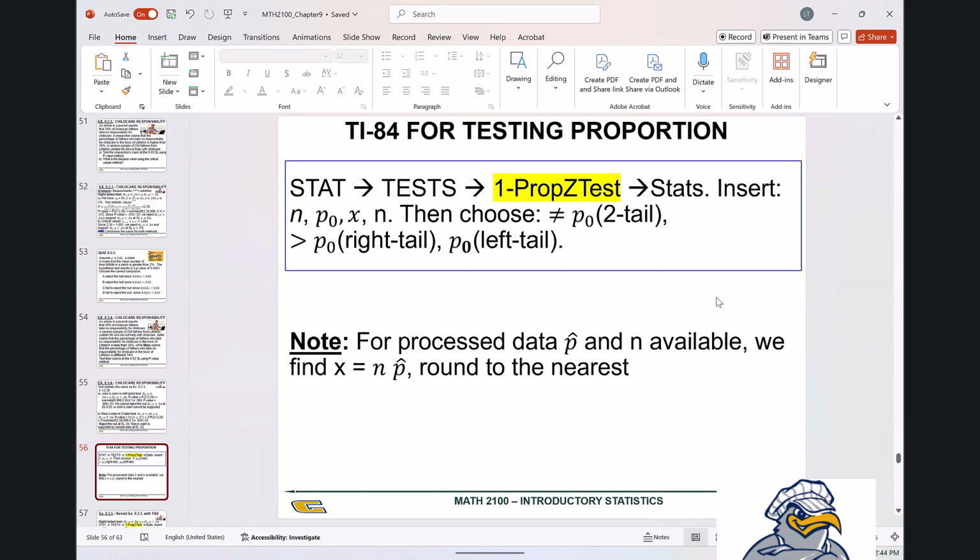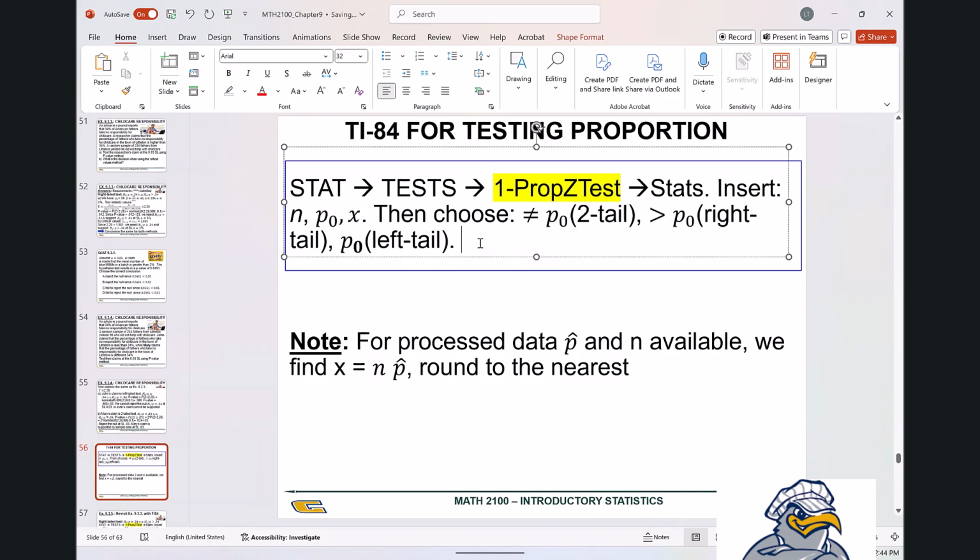And depending on whether it is two tail, right tail or left tail, you choose the corresponding option. One note here is that sometimes you don't have X, the number of successes. At other times you need to process it a little by computing n times p hat and rounding to the nearest integer to get X, okay?